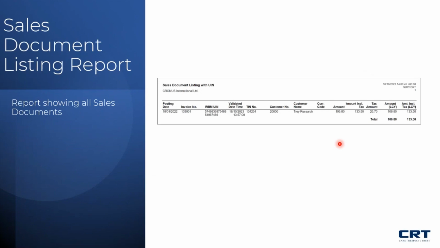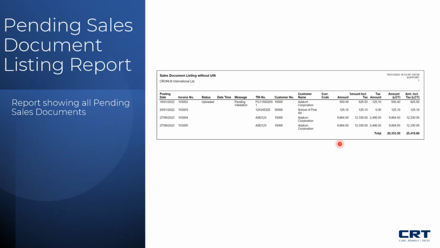Other than that, we have some supporting documents to show you the status of the e-invoice submission. For this example, it will show you all the sales documents, no matter whether it has any e-invoice information or not. So from here, you can tell which has not been exported and put into the queue.